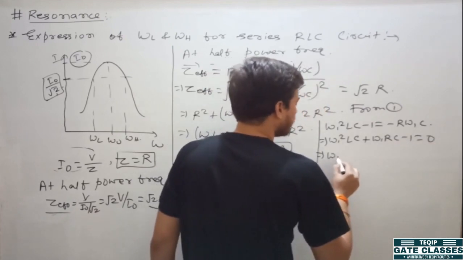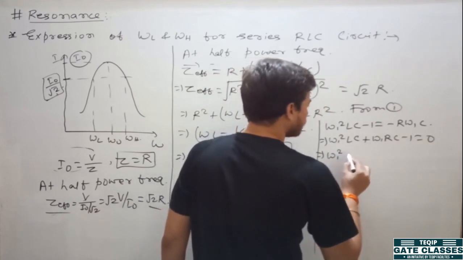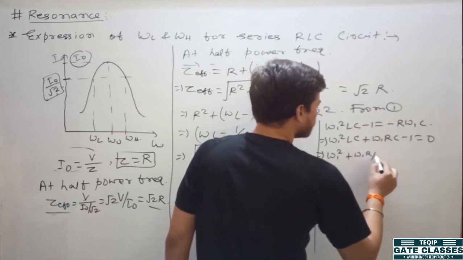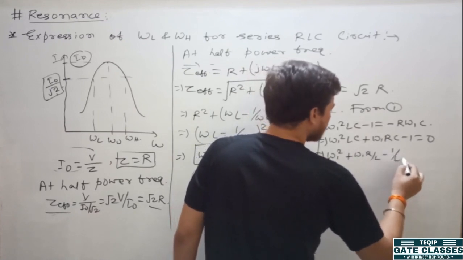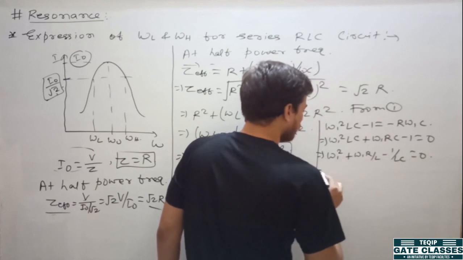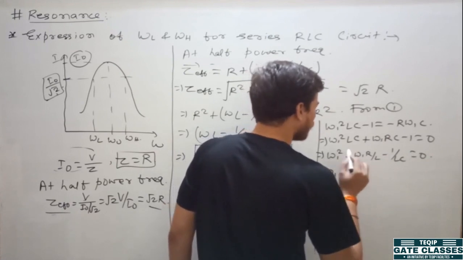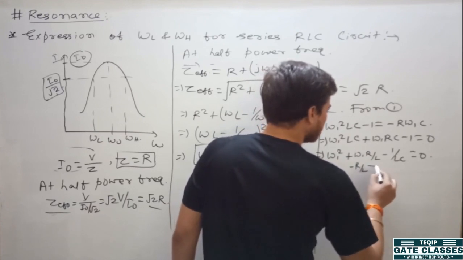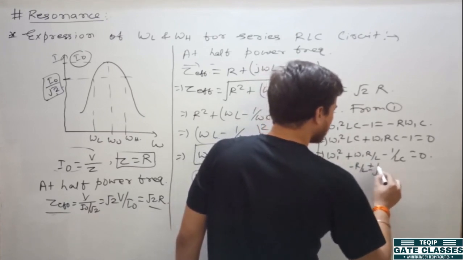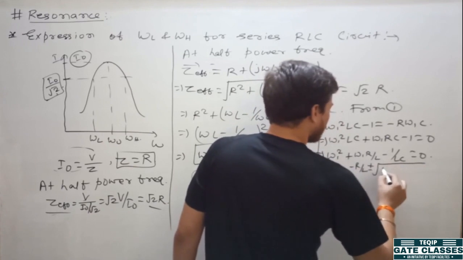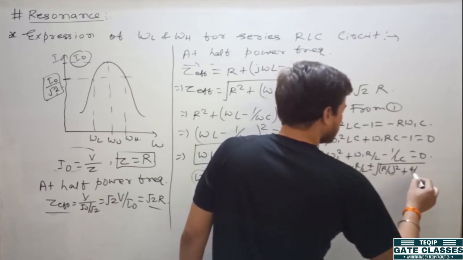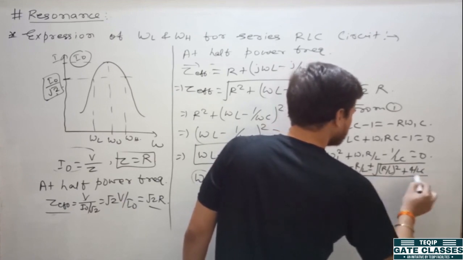From here, omega 1 square plus omega 1 into R by L minus 1 upon LC will be equal to 0. From here the expression of omega 1 will be minus R by L plus minus under root R by L square plus 4 upon LC, divided by 2.